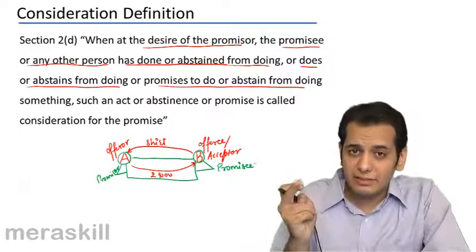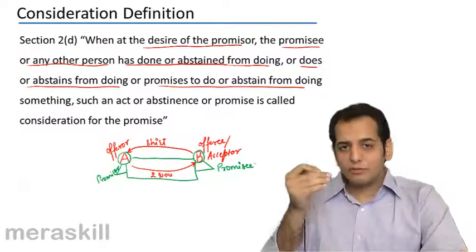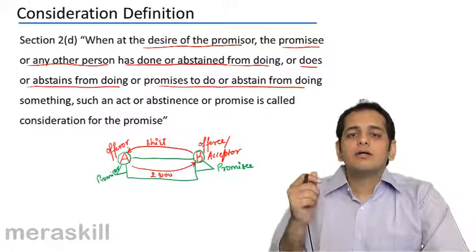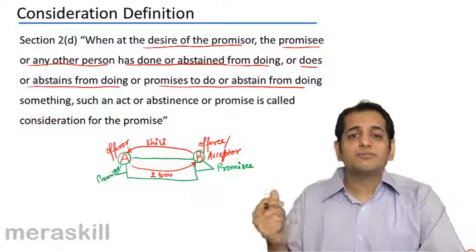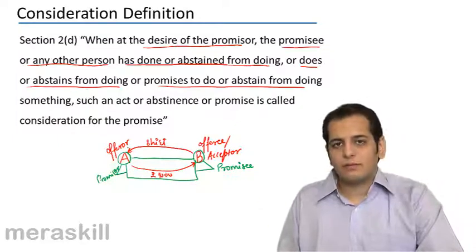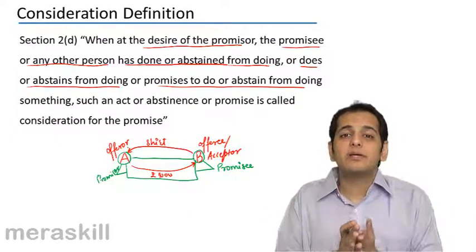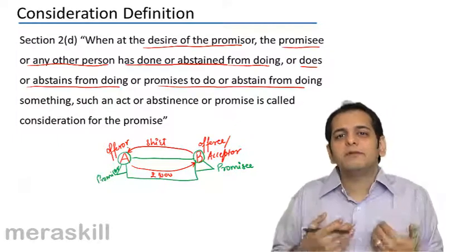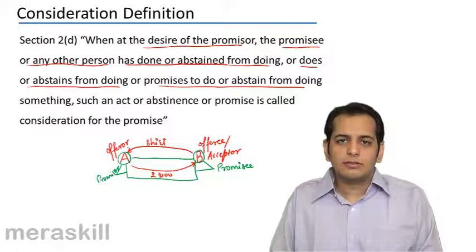But for which leg? The first leg of the transaction, wherein A is offering to B to give him 1000 rupees. A is promising to B that I will give you 1000 rupees. So he is promising, so he becomes the promiser.